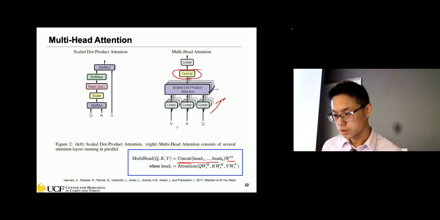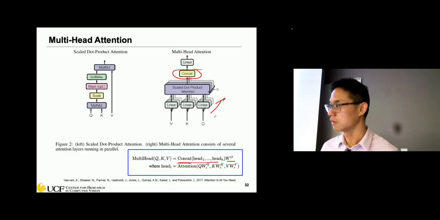So for the projection matrix here, the original embedding is 512, and the projection matrix ends up with a 64 dimension. This is because they are using 8 heads, so you concatenate them together. If you have 64 and you have 8 of them, you end up with a dimension of 512. That preserves the original dimension.